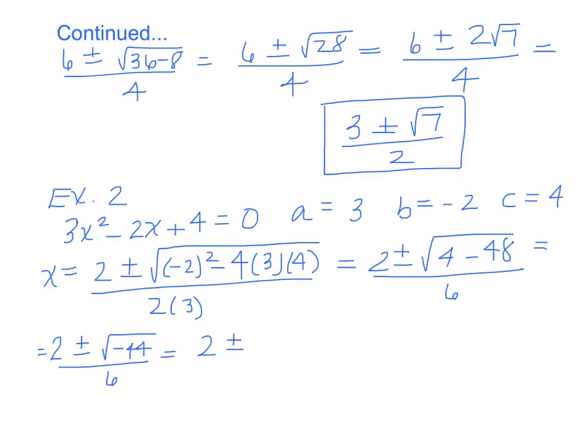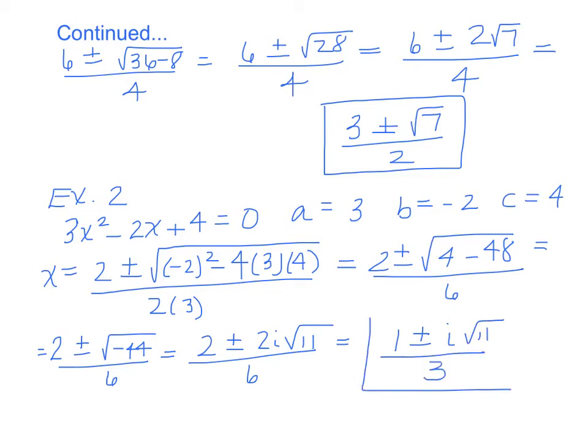So that'll be 2i. And then if you divide everything by 2, you get 1 plus or minus i radical 11 over 3. Okay, so that's the quadratic formula.